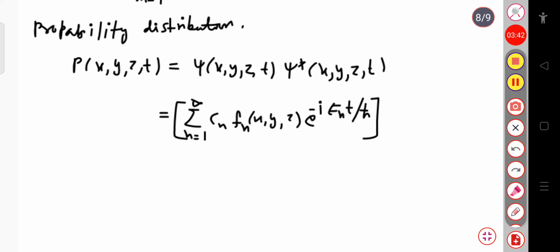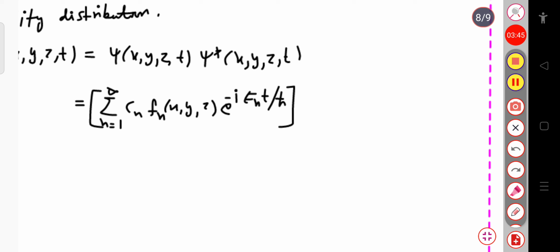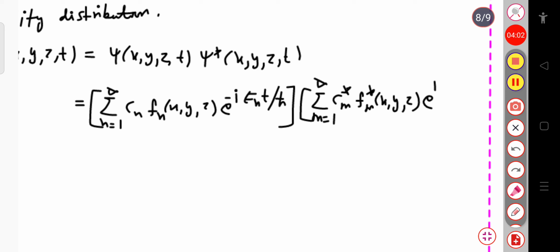And now we write psi star, that is the sum over m equal to 1 to infinity of Cm star Fm star of x, y, z, and the exponential plus iota Em t divided by h cut.